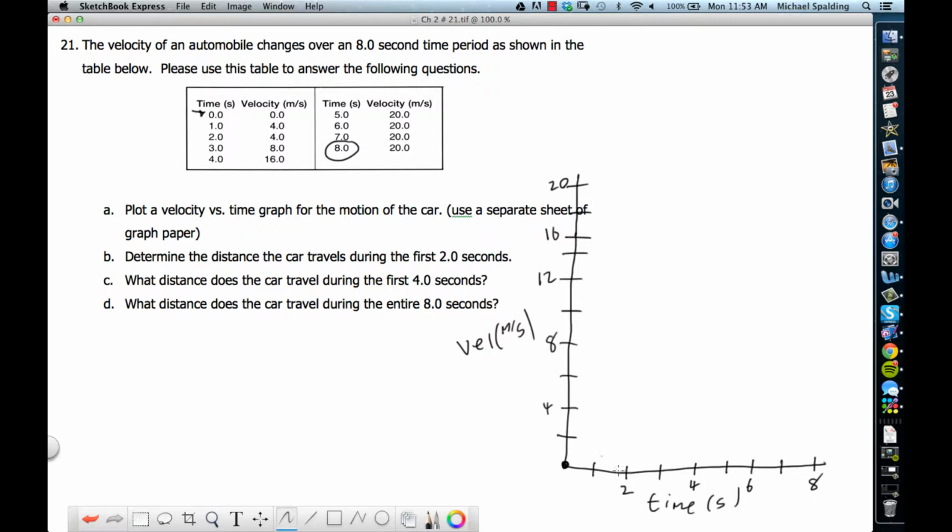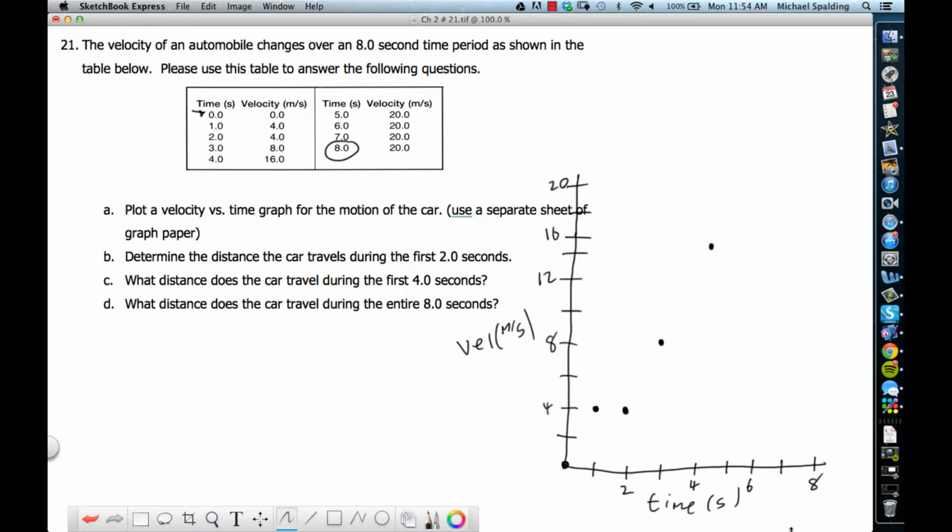All right, so we plot the data points. So 1 second and 4. So this is 1, 4. So we got a point right there. The next one is 2 and 4. So right there. The next one is 3 and 8, so that's going to be right here. Then 4 and 16, something like that.